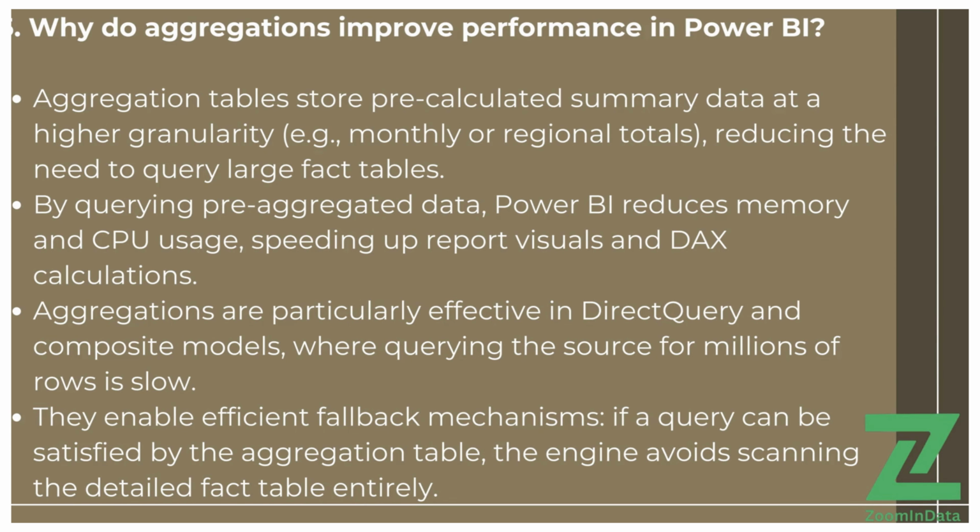Aggregations are particularly effective in DirectQuery and composite models, where querying the source for millions of rows is slow. They enable efficient fallback mechanisms. If a query can be satisfied by the aggregation table, the engine avoids scanning the detailed fact table entirely.